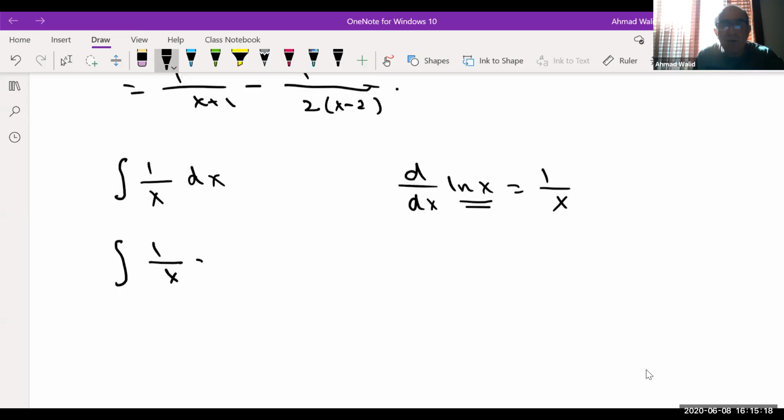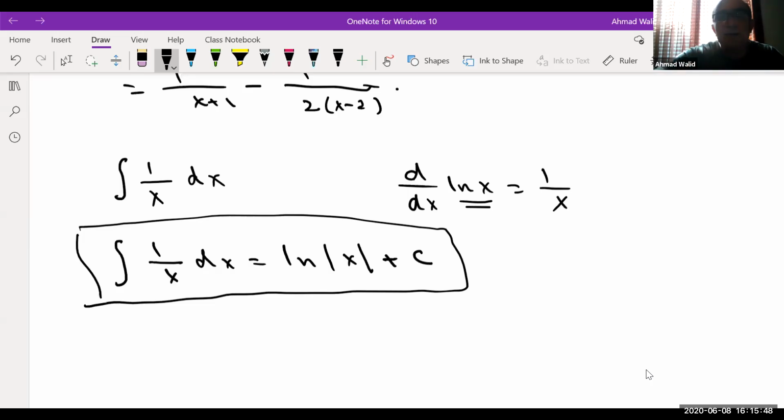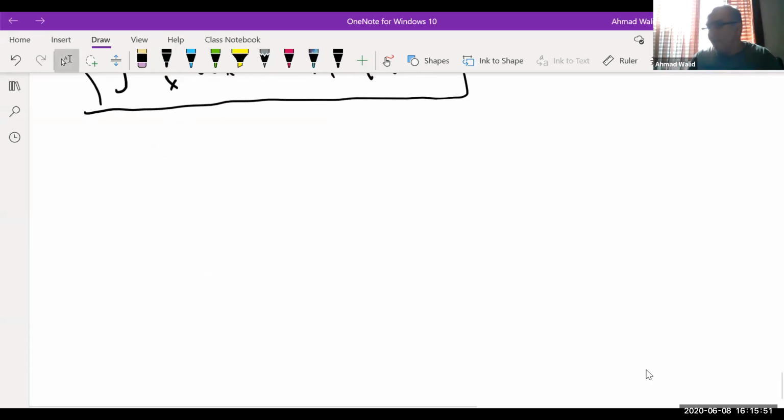Integral of 1 over x dx is actually ln absolute value of x, because you are dealing with an indefinite integral, then plus c. That's another formula to remember to deal with integrals of functions that come in the form of 1 over x dx, right? Now, let's do an example for this.